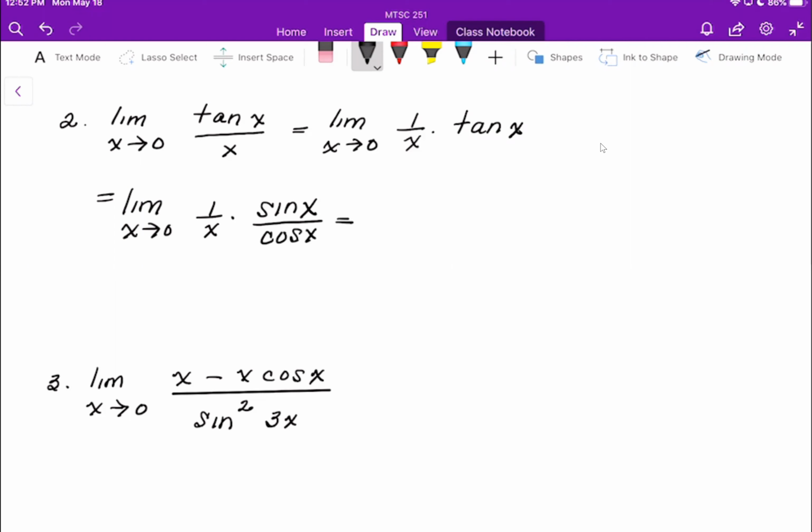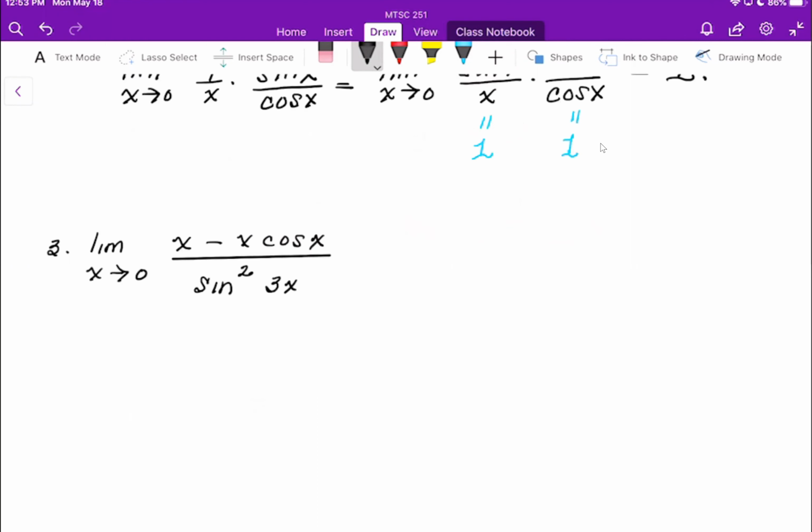So I'm going to rewrite that as the limit as x approaches 0 of the sine of x over the x, and then I'm going to have 1 over the cosine of x. And now I can see that this limit is 1, and this limit is 1. So therefore my answer is 1 times 1, or 1.